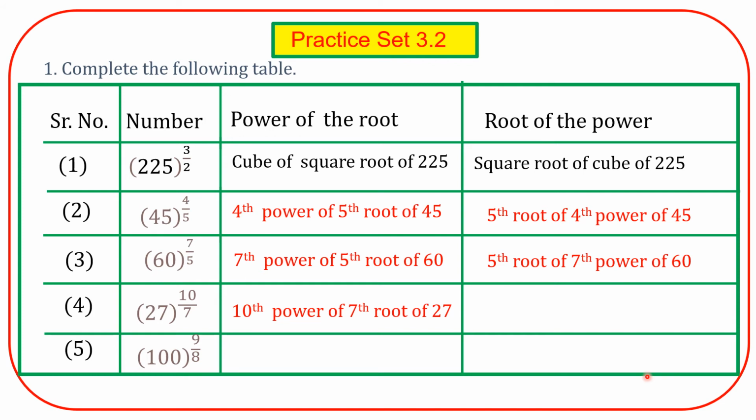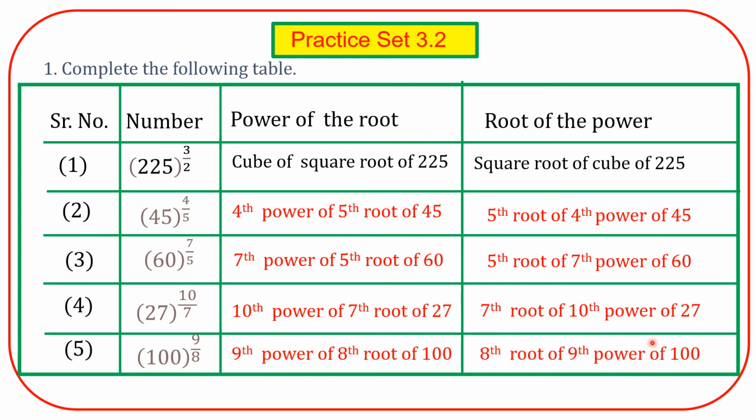Write it down. 100 raised to 9 upon 8. 9th power of the 8th root of 100. Here, 8th root of the 9th power of 100. Write down all these examples in your notebook.